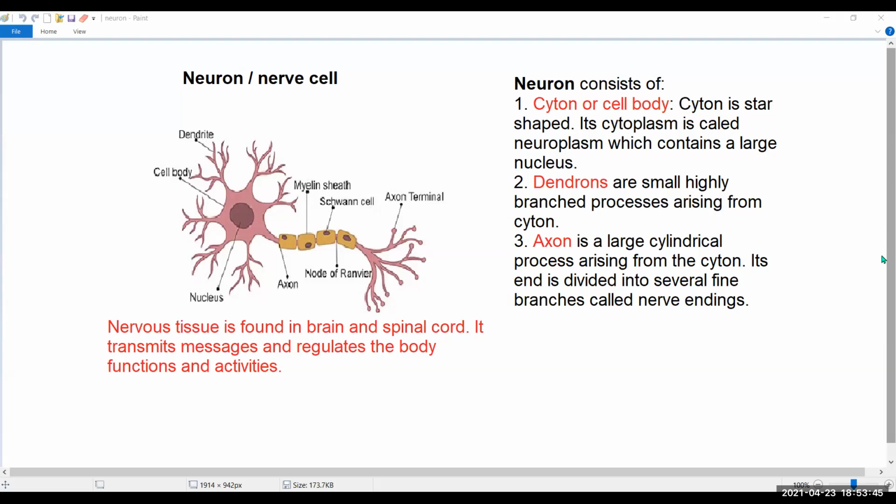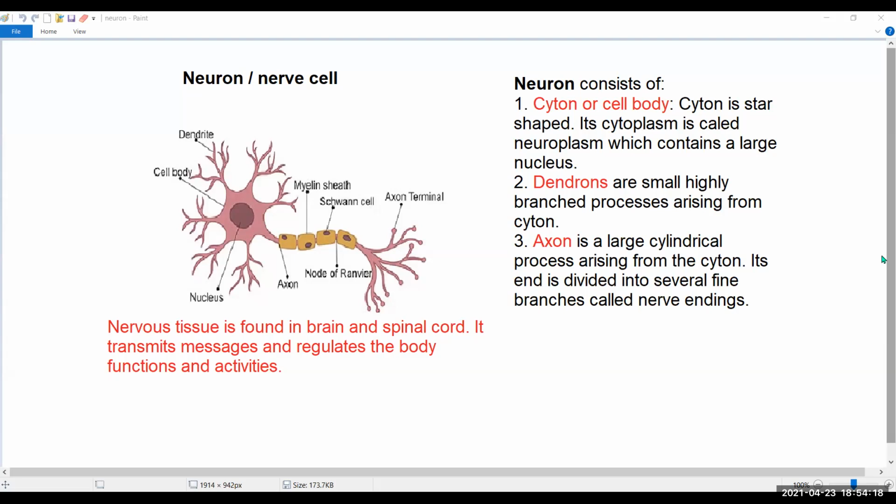Neuron consists of cyton or cell body, which is star-shaped. Its cytoplasm is called neuroplasm, which contains a large nucleus. Then dendrons. Dendrons are highly branched small processes arising from cyton.